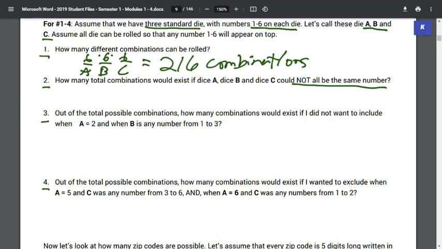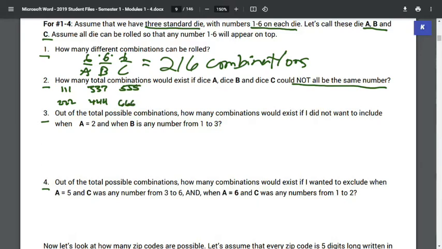So looking at number 2, our 3 dice cannot all be the same number. We need to figure out first how many numbers fit this restriction. If they can't all be the same number, then they can't all be 1, they can't all be 2, 3, 4, 5, and then of course 6.